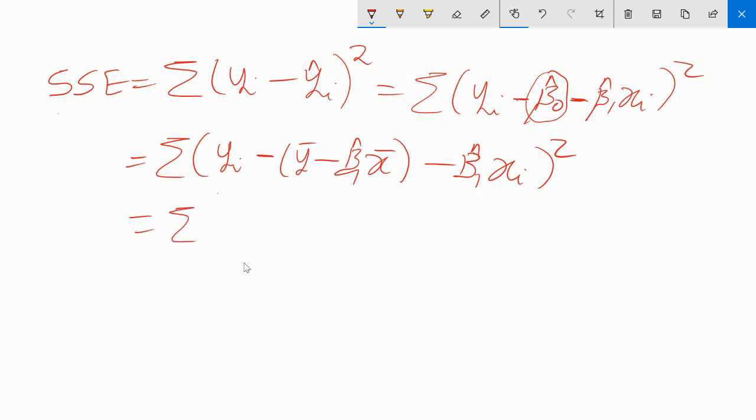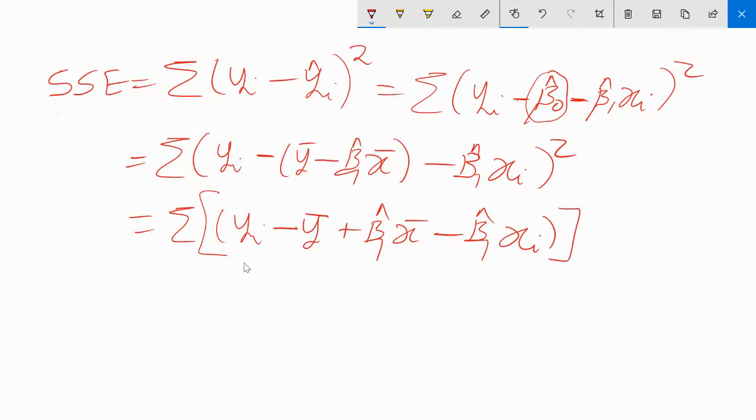And from here, we have yi minus y bar plus beta 1 hat x bar minus beta 1 hat xi, all squared, like that. This we can arrange to be one term.